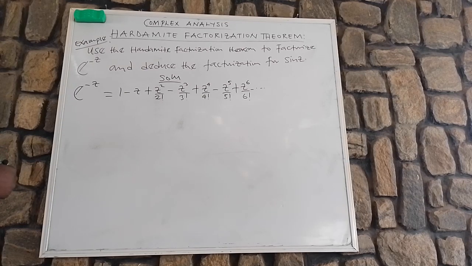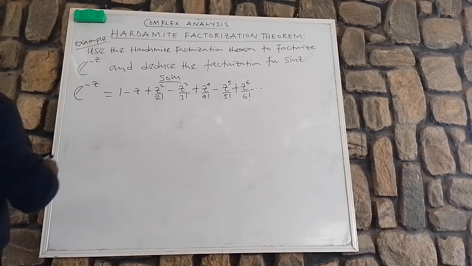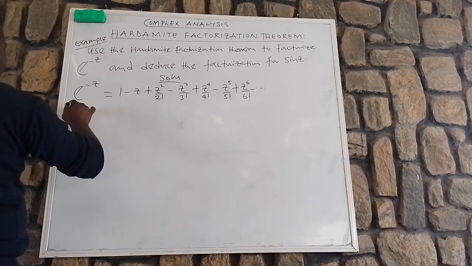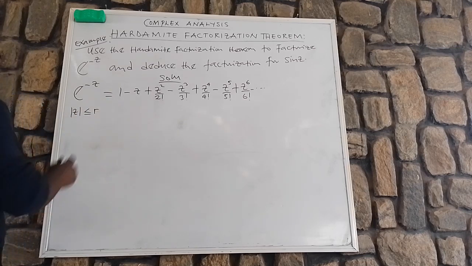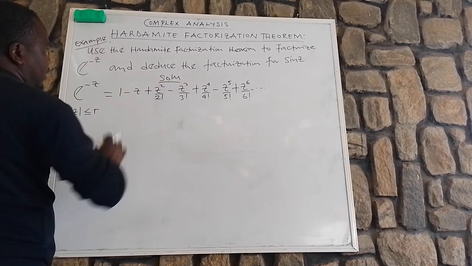So what we need to do is, if we know that mod z is less than R, it means we are going to take the modulus of this series.